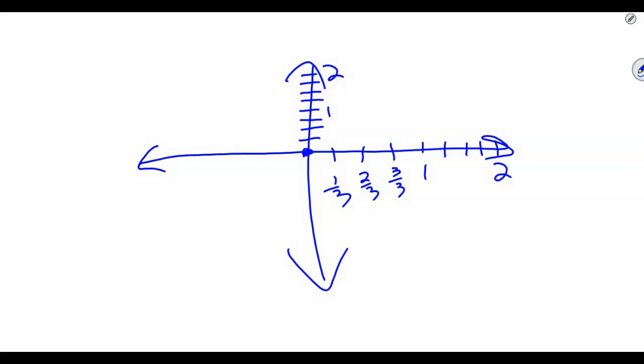So is it going to be thirds? Fourths. Good job. I'm glad we did that. 1/4, 2/4, or a half, 3/4, 4/4, which is 1 whole. You see that? Good? All right.